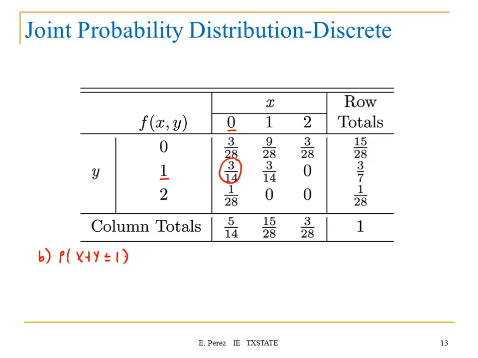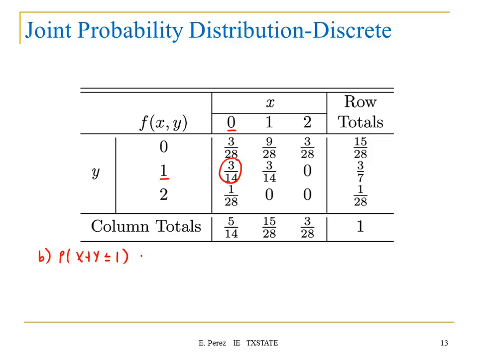If I tell you x equals 1, what does that mean? How many pens do you have of what type? One blue, right? If I tell you y equals 1, that means you have one red pen. So what I'm asking is, what is the probability of those events where, when you add the outcomes, the sum is less than or equal to 1? Don't overthink it, it's very simple.